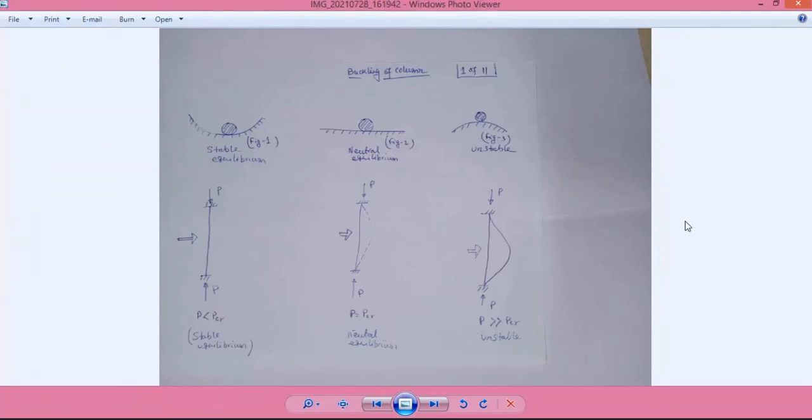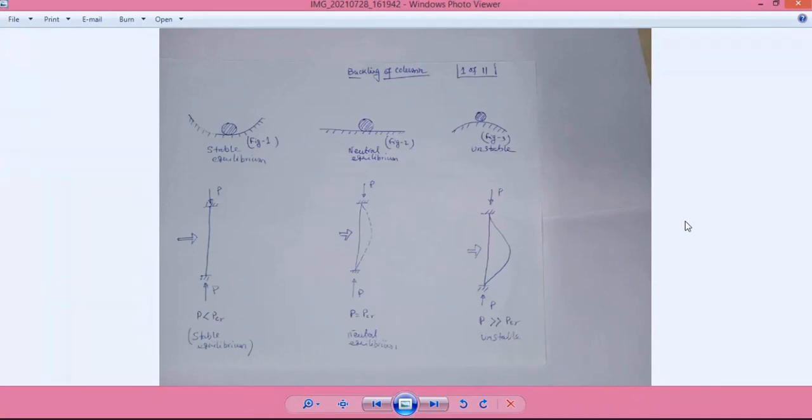That means if the compressive force of the column is exactly equal to P-critical, then the column remains in a stable equilibrium condition, but it cannot maintain its initial configuration. Okay, it will remain in another configuration.